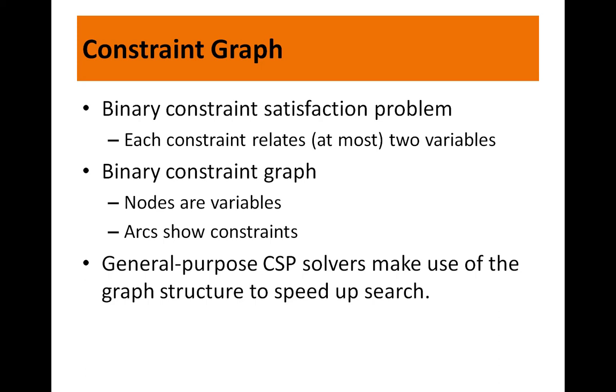Usually a graph is a combination of nodes and edges, vertices and edges, so vertices are nothing but the nodes and the edges are the arcs. Now, if there is an edge between two nodes, then we say there is a relationship between these two nodes, or there is some constraint. So general purpose CSP solvers make use of graph structure to speed up the search.